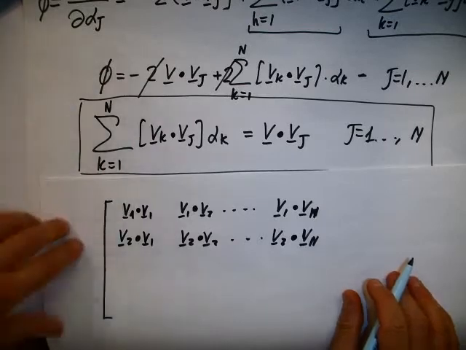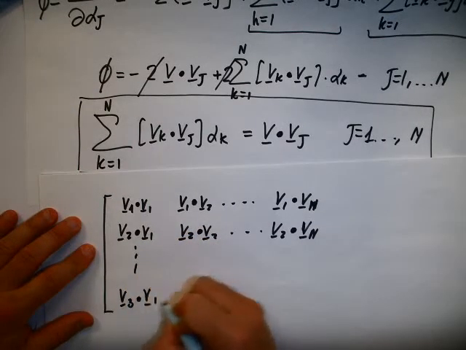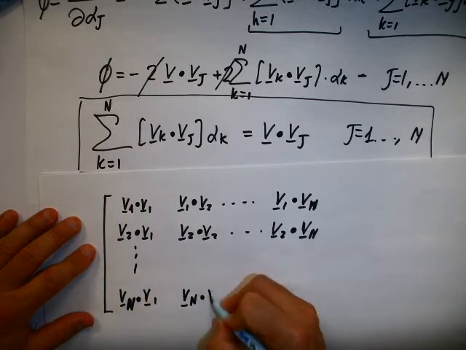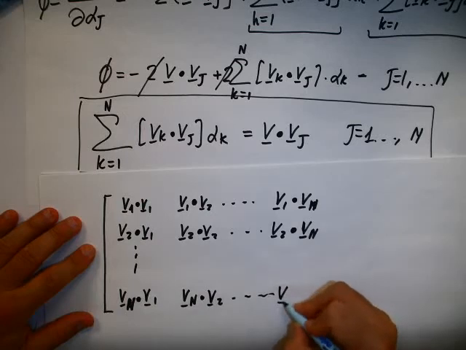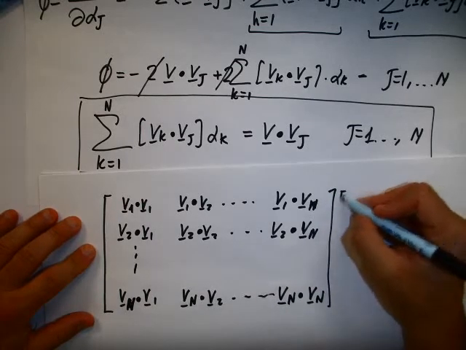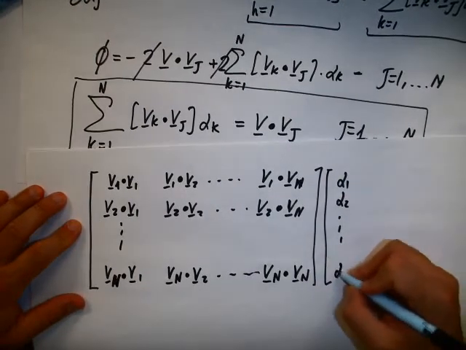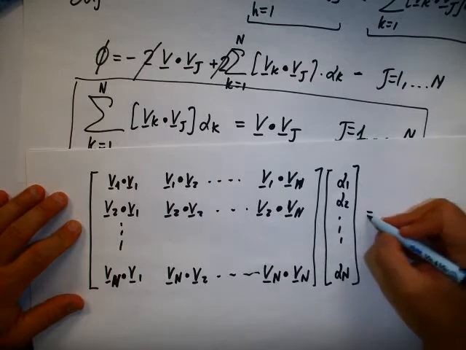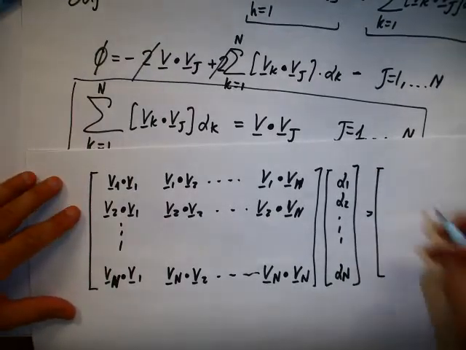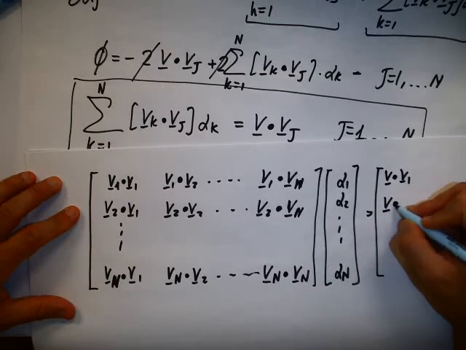So you see we get this matrix, which in general is going to be a full matrix, times the coefficients alpha_1, alpha_2, alpha_n, and the right hand side is given by v dot v_1, v dot v_2, v dot v_n.